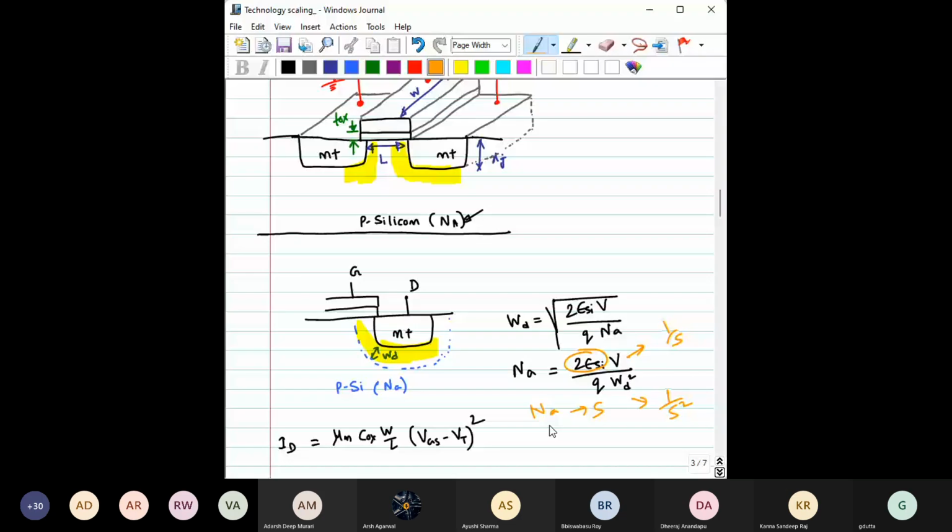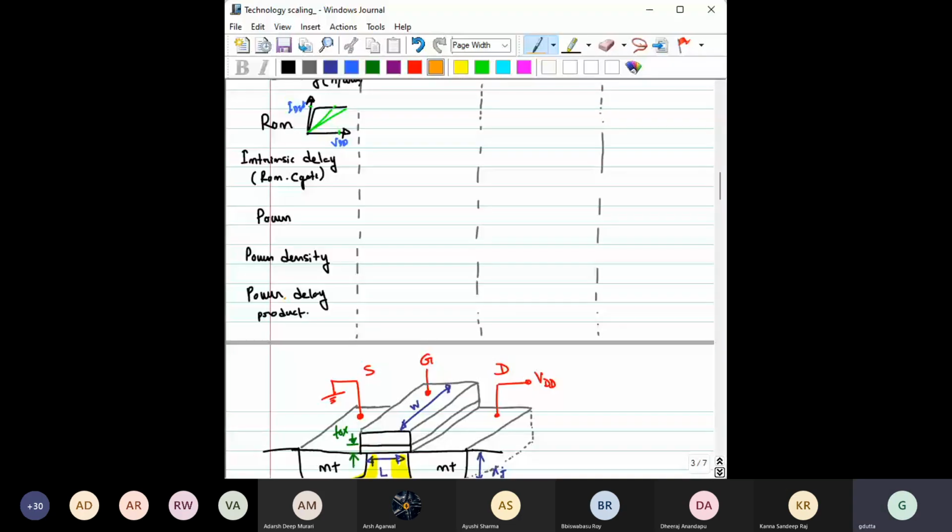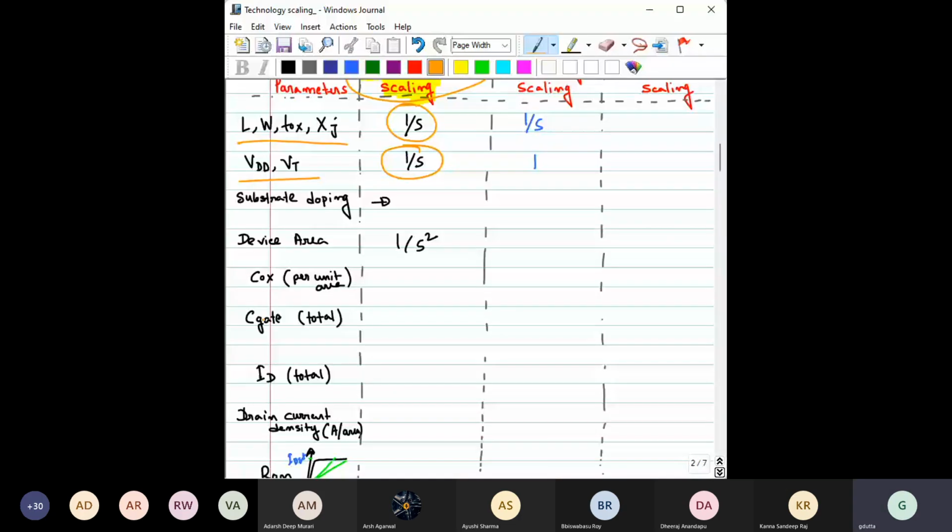Do you understand from that point? So here the substrate doping we have to change by S times. Okay, what will happen to COX?